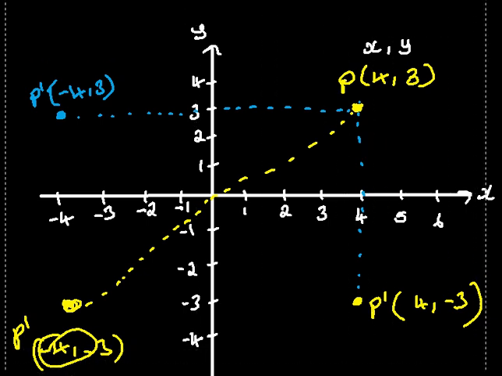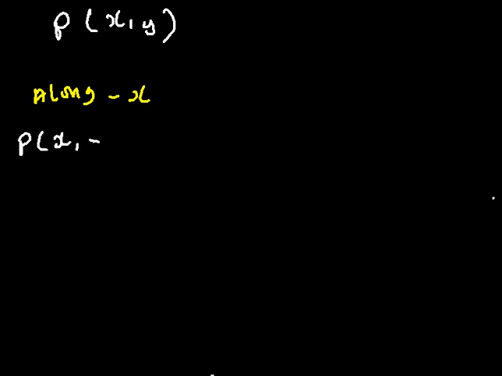So in all cases, what you have to understand is that if we have a point with coordinates x, y, then for reflection along x, the point is associated with negative y, and for reflection along y, the point is associated with negative x.